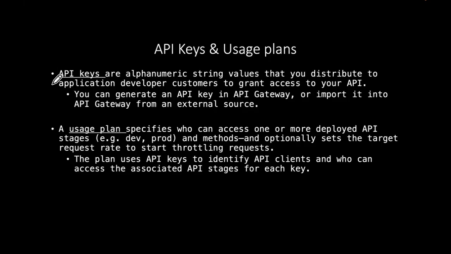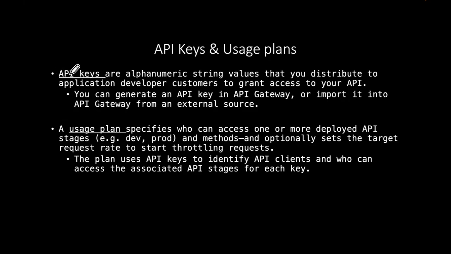So that's API keys, but there is a second concept that applies to AWS's API Gateway service, and it's something called a usage plan. A usage plan is a way of specifying what particular kind of access you want to allow a developer to have, and you tend to associate a usage plan with an API key.